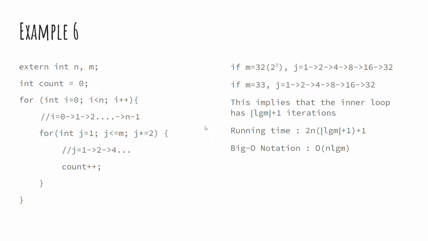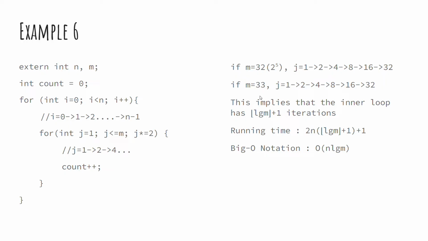So what this changes in our answer is that the number of iterations of the inner loop in this case is the floor function of log m, plus 1. This is basically pure observation.